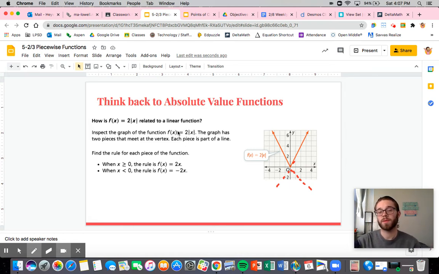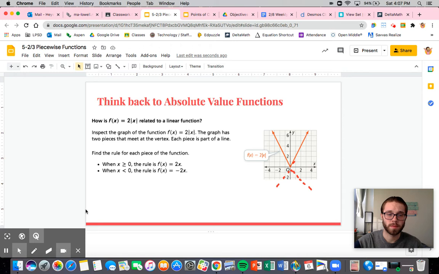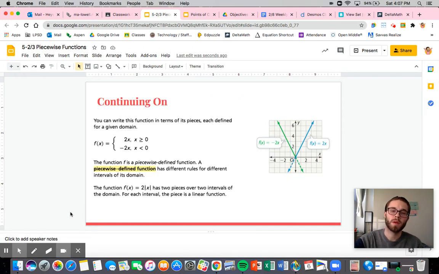So you're dealing with f of x is 2 times the absolute value of x. But it's essentially what, right? From 0 and beyond, it's just 2x. And from less than 0, it's negative 2x. So the way that you could write this would be you can write the function in terms of its pieces, okay? Each defined for a certain domain.